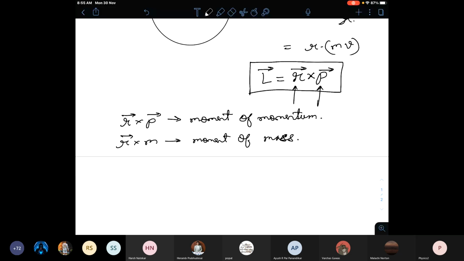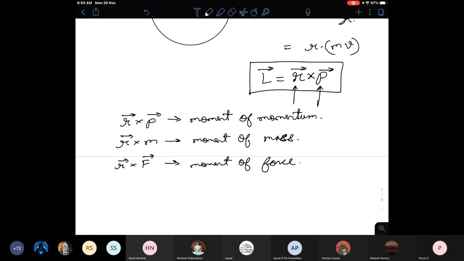R into m is moment of mass. R into p is moment of momentum. If I write r cross f, this is called moment of force.